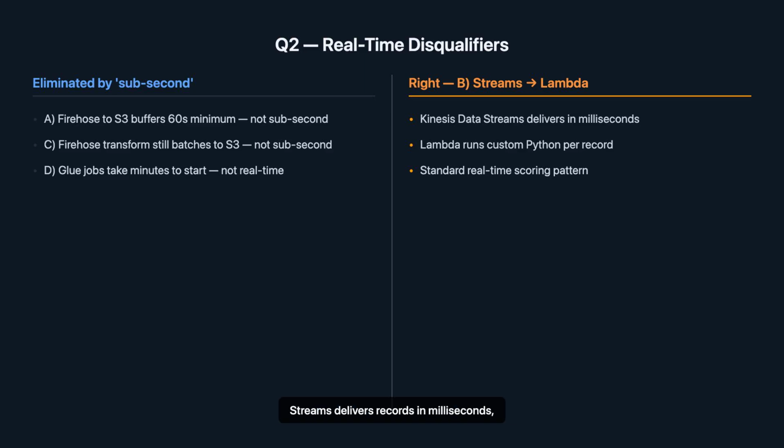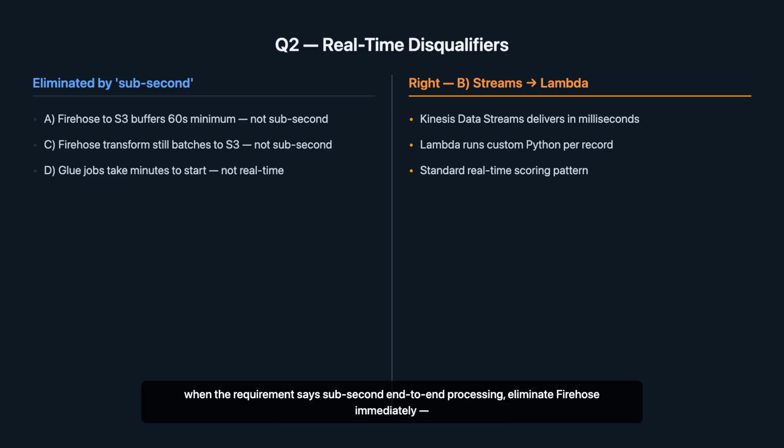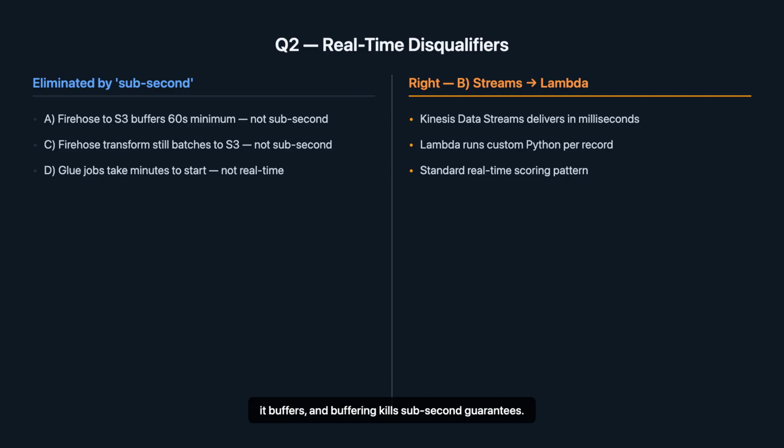Streams delivers records in milliseconds. Lambda runs your custom Python on every record, and this is the standard real-time scoring pattern. The cue here is simple. When the requirement says sub-second end-to-end processing, eliminate Firehose immediately. It buffers, and buffering kills sub-second guarantees.